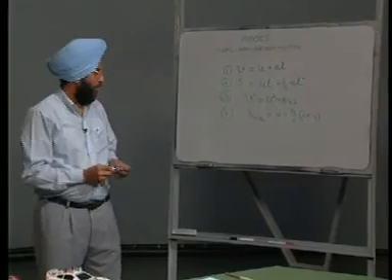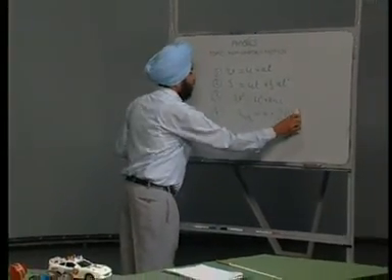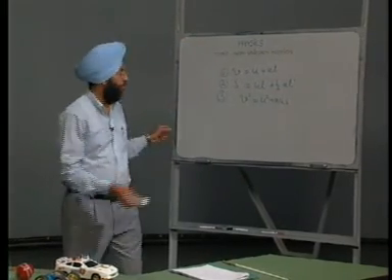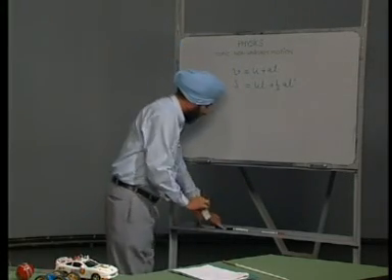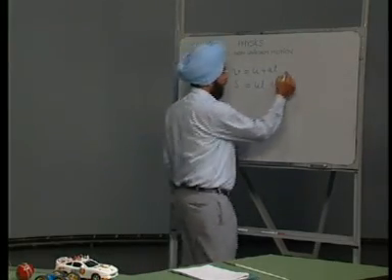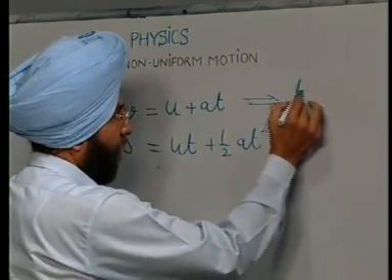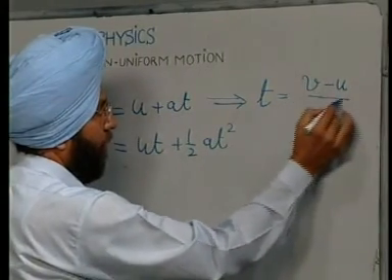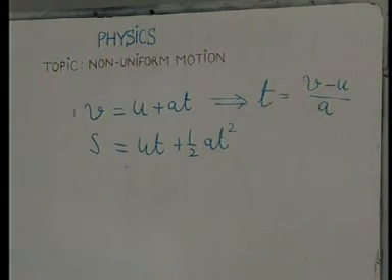In the derivation of the third equation, we will be using the first two equations. From the first equation, we find the value of t in terms of the other three variables: t is equal to v minus u over a.